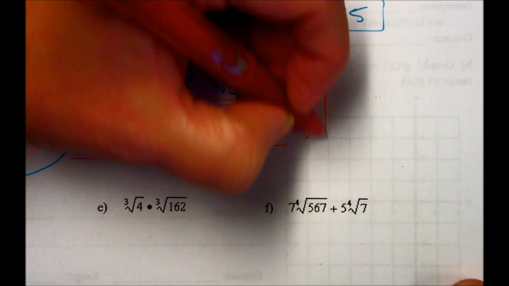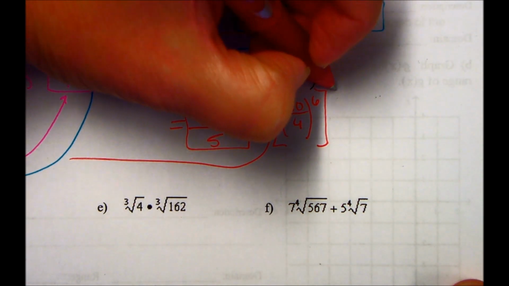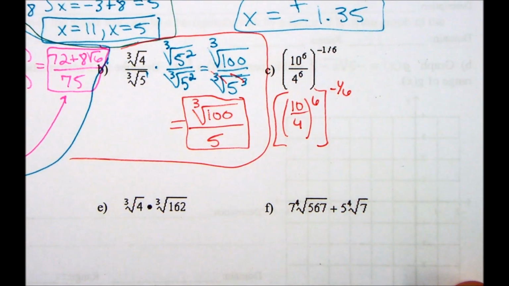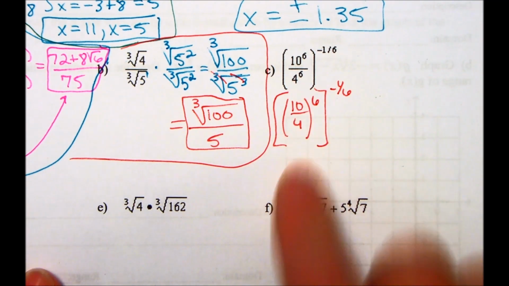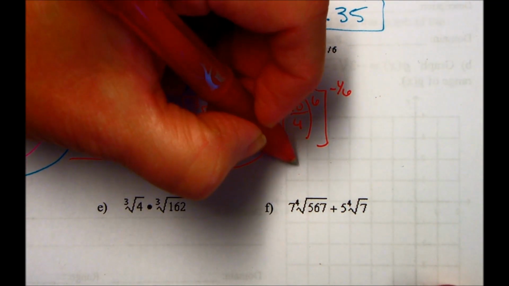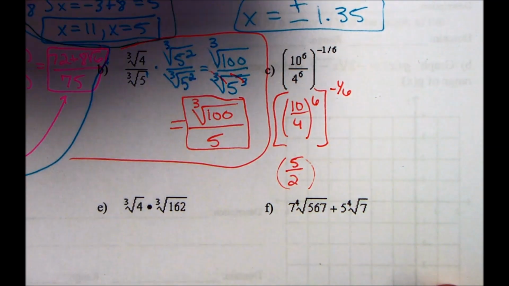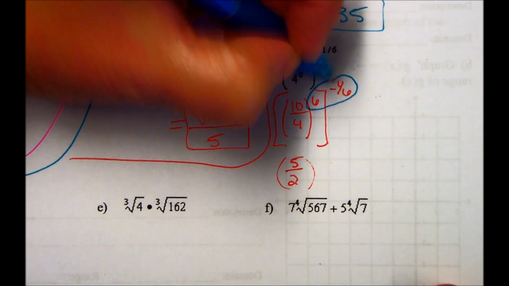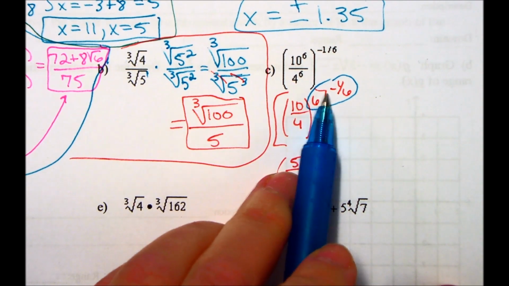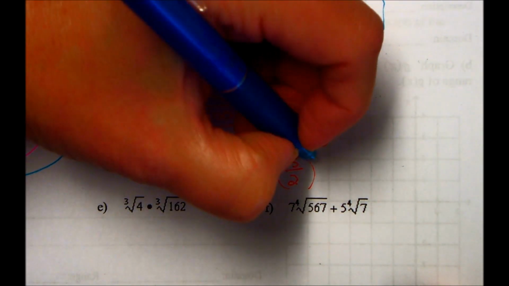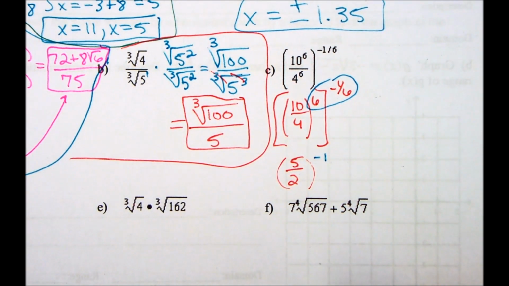But don't forget, you still have that whole thing being taken to the negative 1/6 power. So then I can reduce the 10 over 4 to 5/2, and I can multiply my exponents here at the same time. So the 6 times the negative 1/6 is just going to be negative 1.